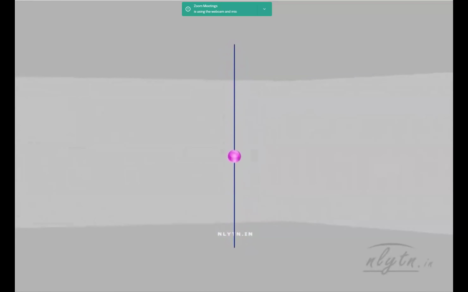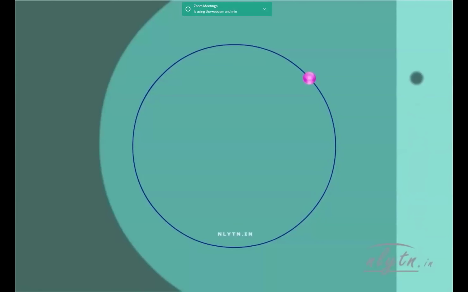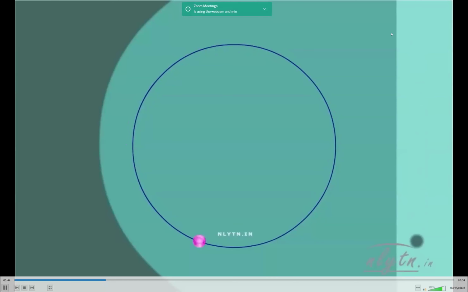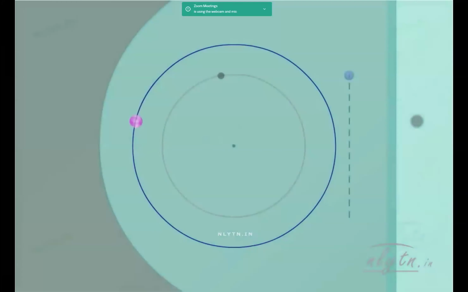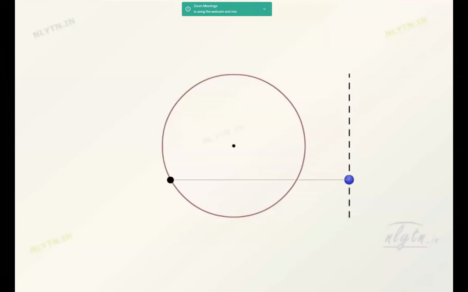We can also consider a simple harmonic motion to be a shadow of a uniform circular motion. There you can see the shadow on the right hand side. That is a projection, same thing.